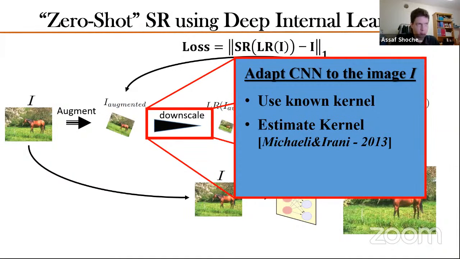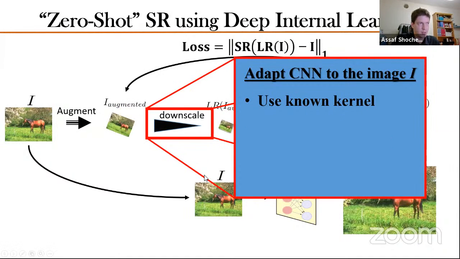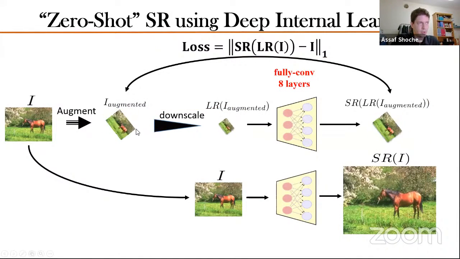It's important to say that you have to downscale the image in the same way that you believe some non-existent high-resolution image was downscaled, so that you get this input image that you have now.